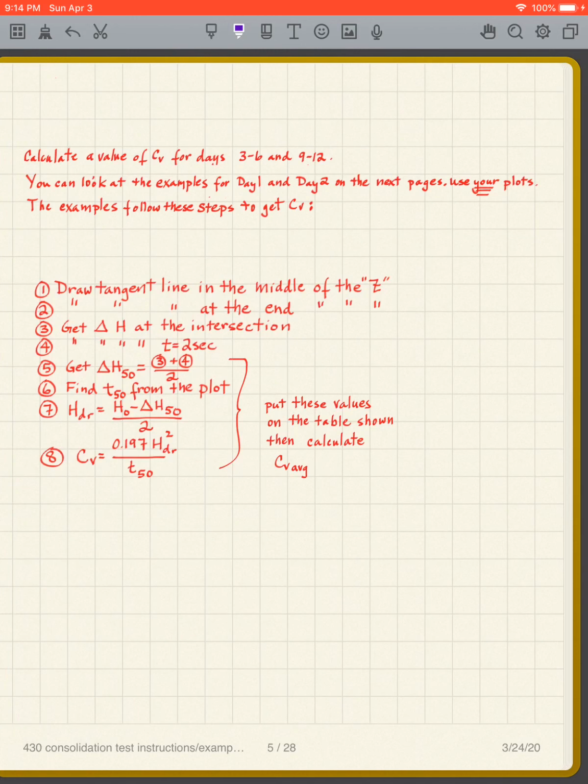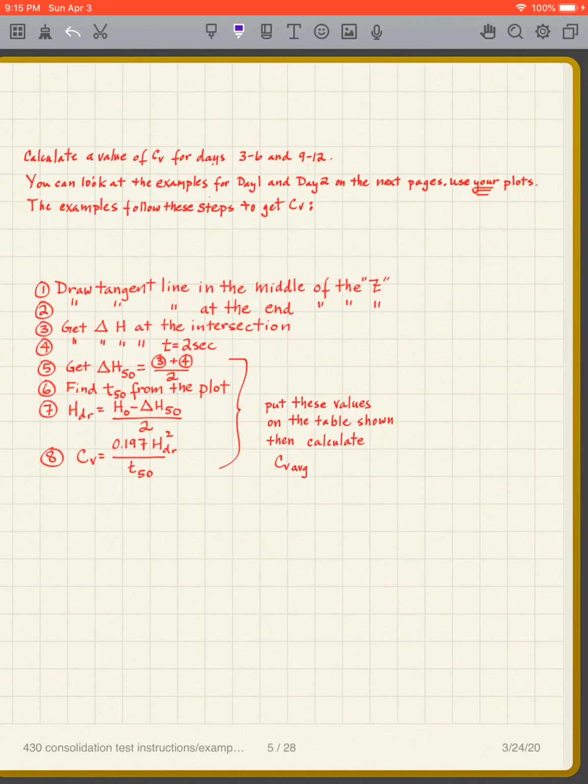But what we're going to do is calculate the value of the coefficient of consolidation, the value of C sub v, for days 3 to 6 and 9 to 12. We're not going to do it for days 7 and 8 because those are the unloading days.